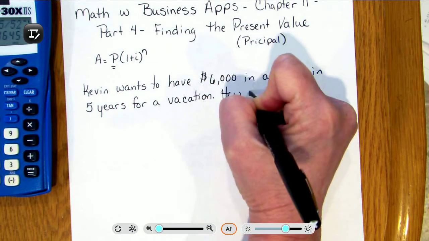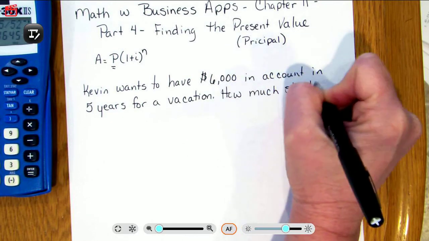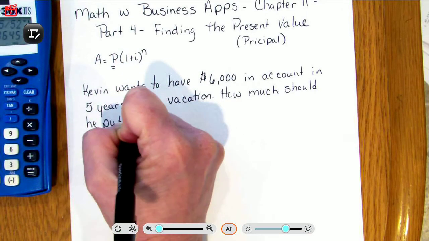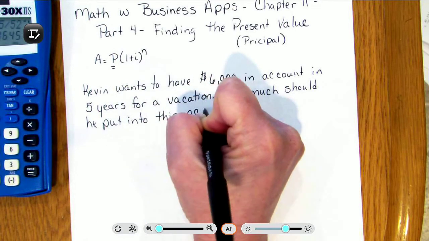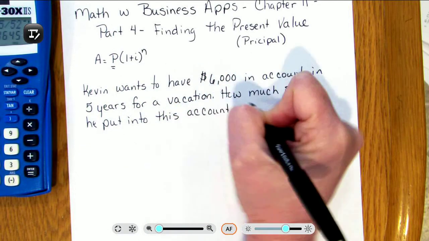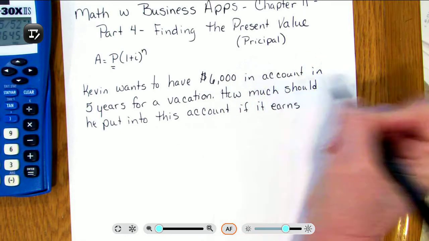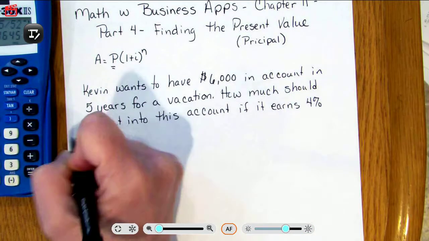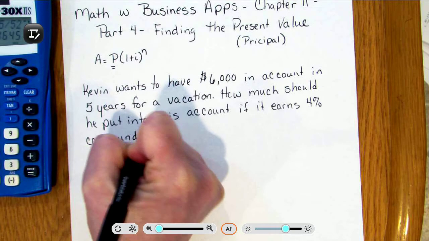How much should he put into this account if it earns, let's say 4% compounded monthly?